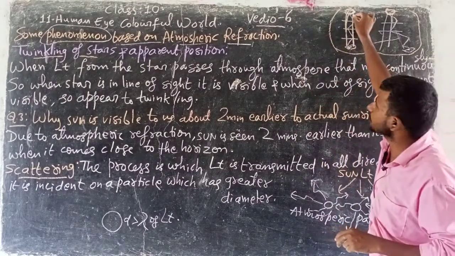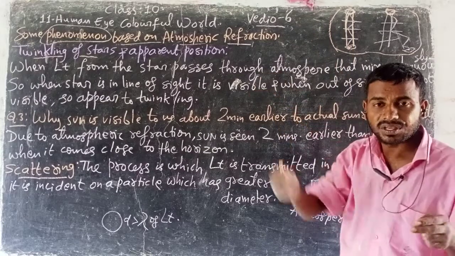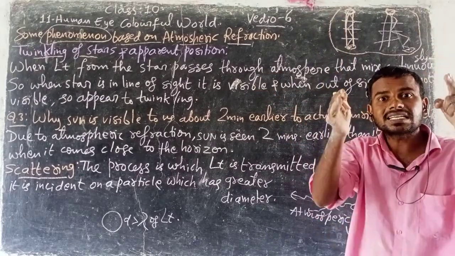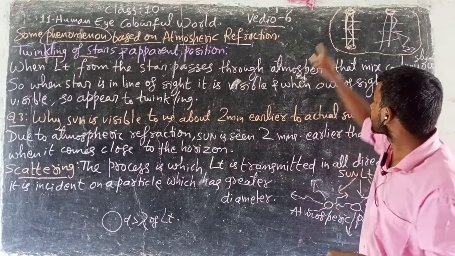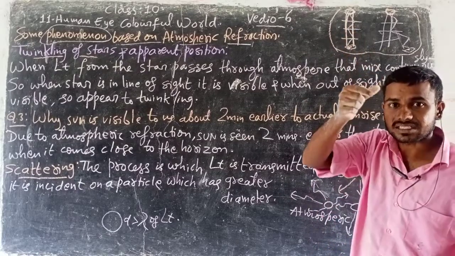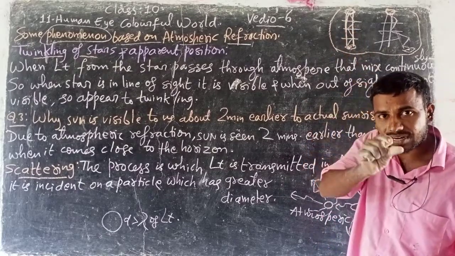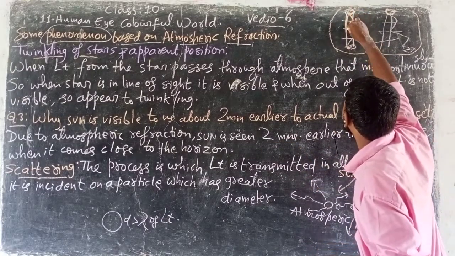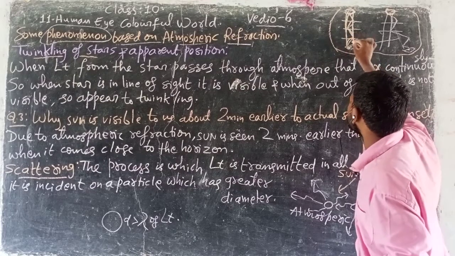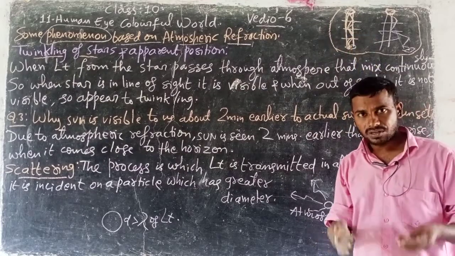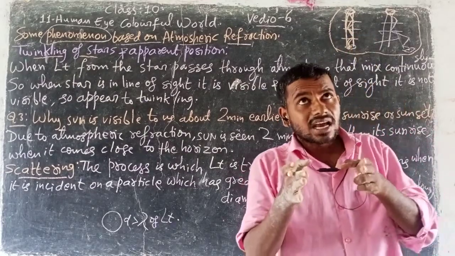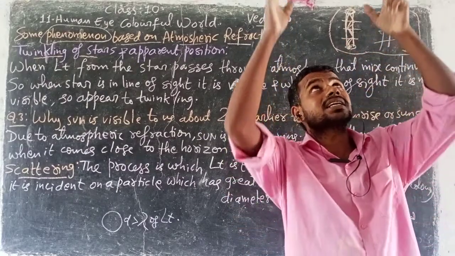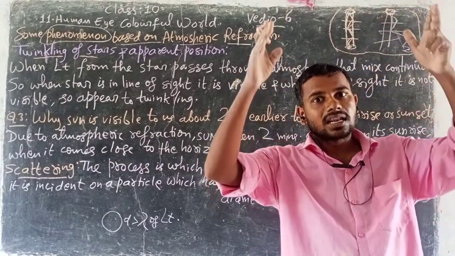This star cannot twinkle because, look here, between the line of sight, the star's light is refracting. Look here, star light is refracting here to here, here to here, here to here, and reaching our eye. Our eye has a line of sight.